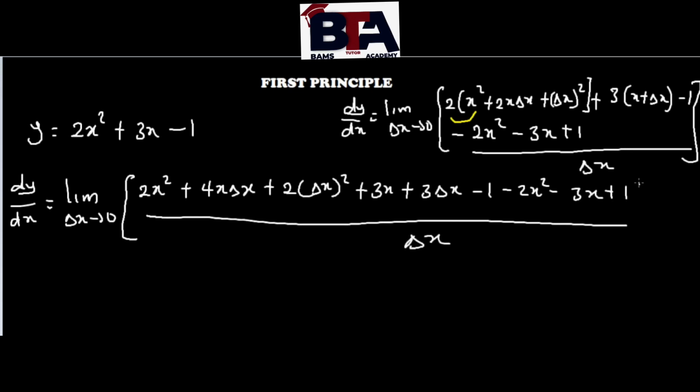So of course you can see some common terms that can actually cancel out there, like this can cancel this one. Which other one? This can cancel this one. Pay attention.